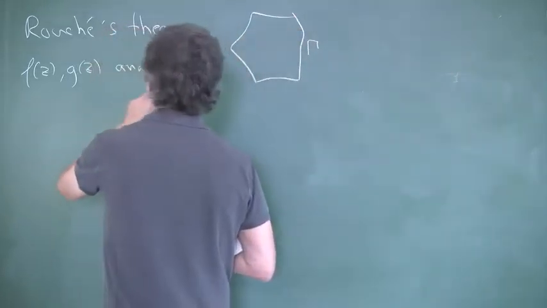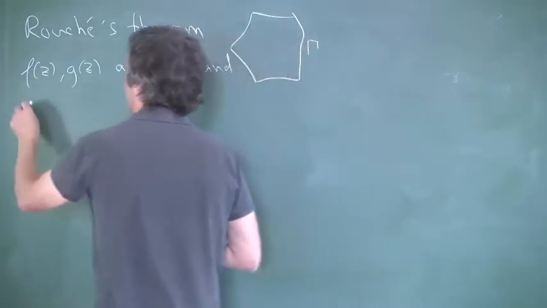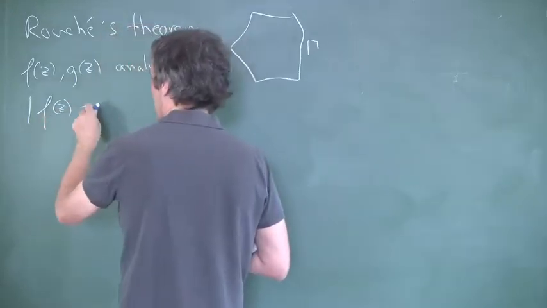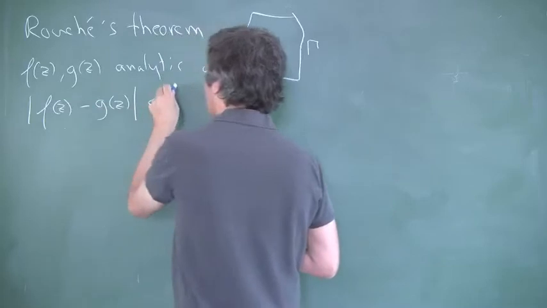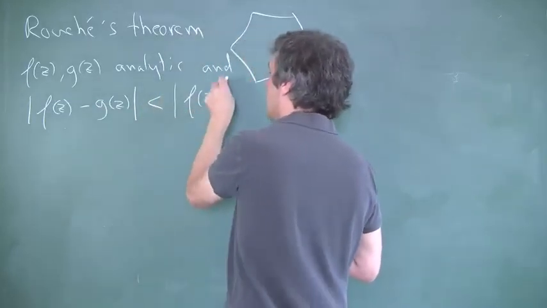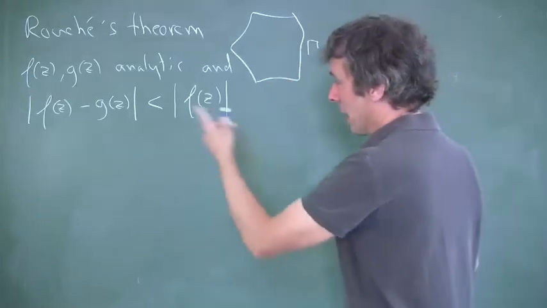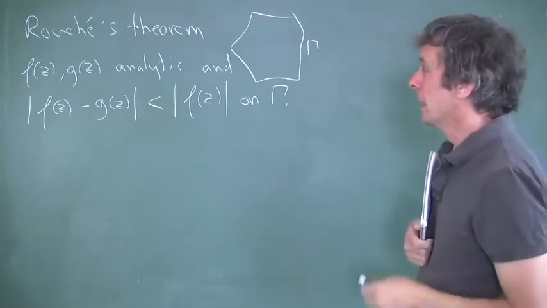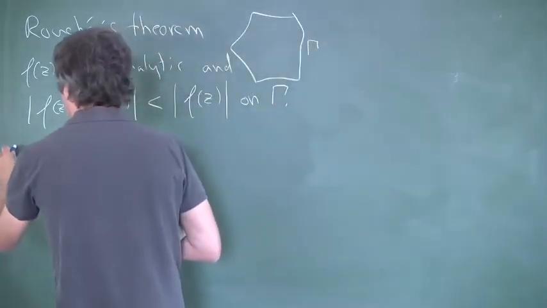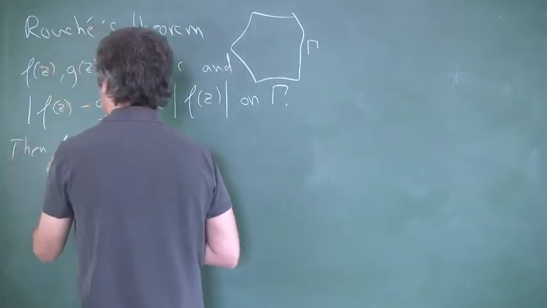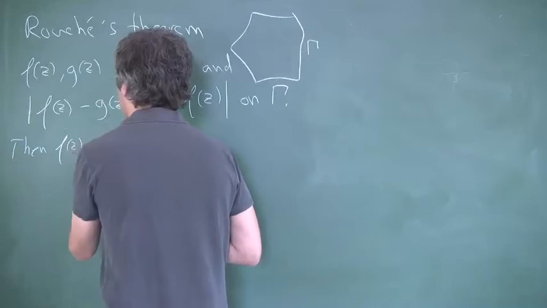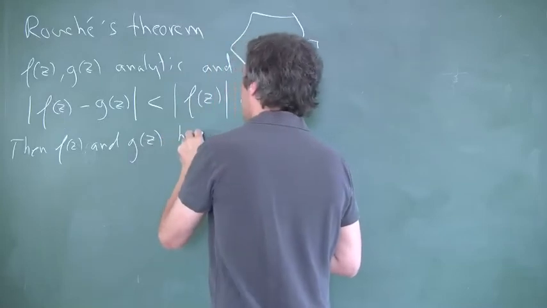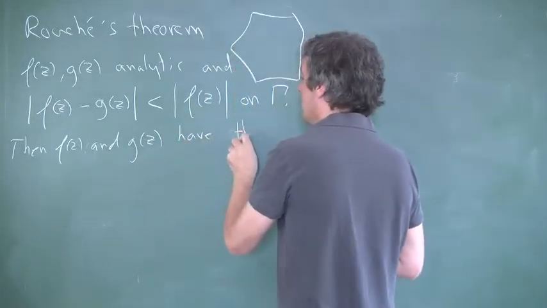We suppose also that we have the following inequality: the absolute value of f of z minus g of z is strictly less than the absolute value of f itself, but not everywhere, only on gamma. And the conclusion of the Rouche theorem is then that f and g have the same number of zeros inside this contour.